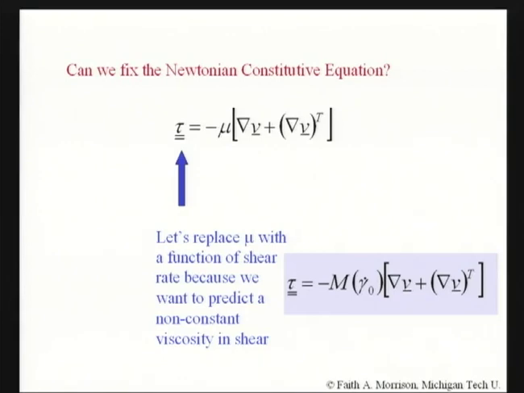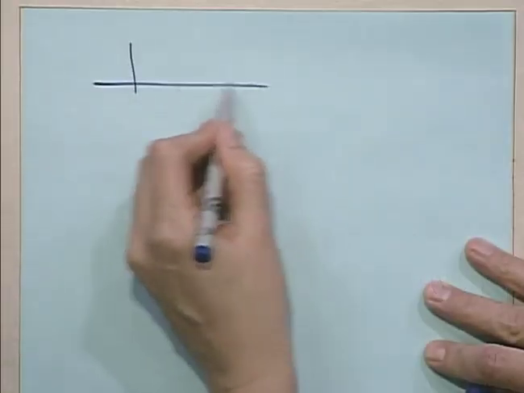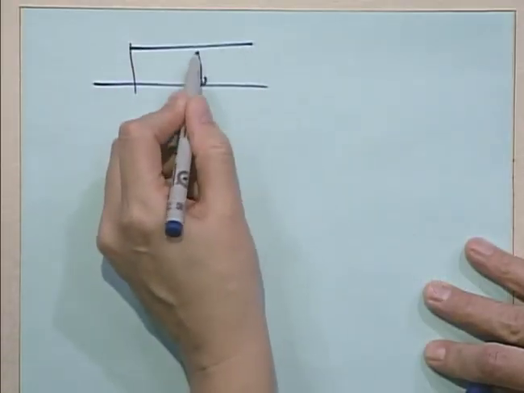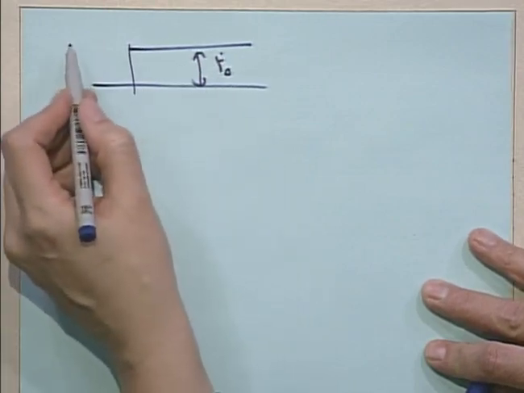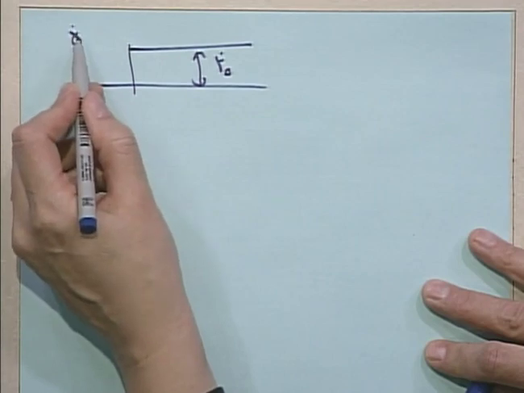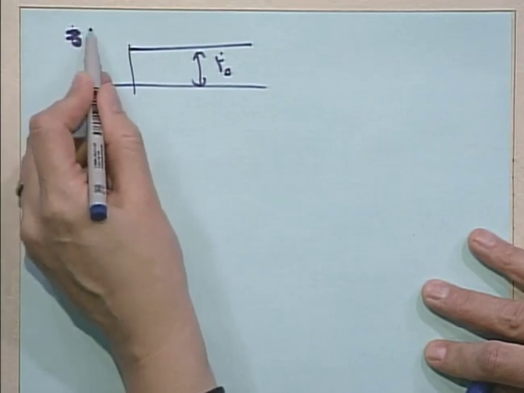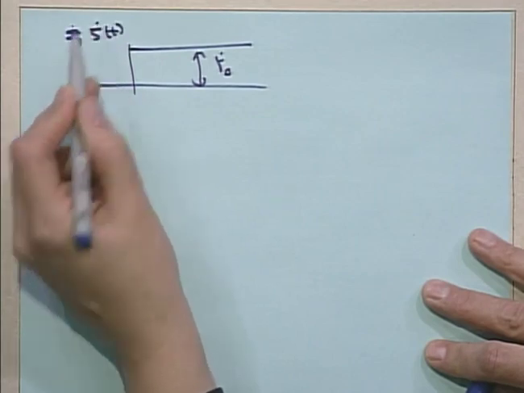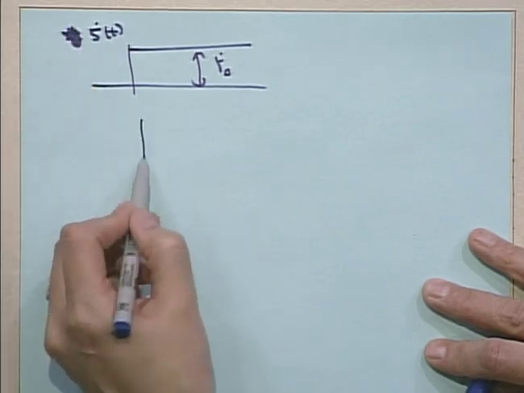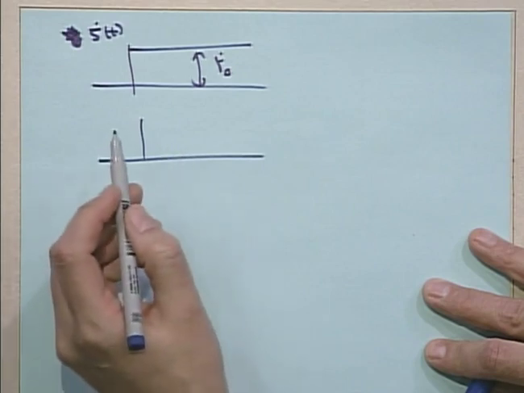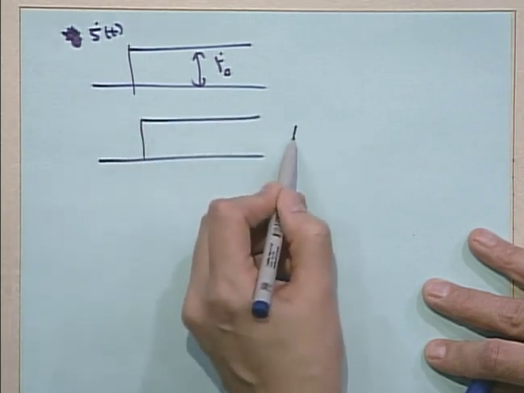In fact, we saw that with startup of steady shearing. In startup of steady shearing, we imposed a step up in shear rate to the plateau gamma dot naught. This was our imposed shear rate, and then we calculated the response of a Newtonian fluid.